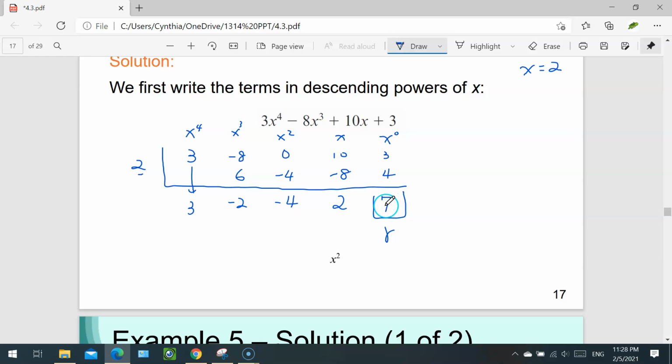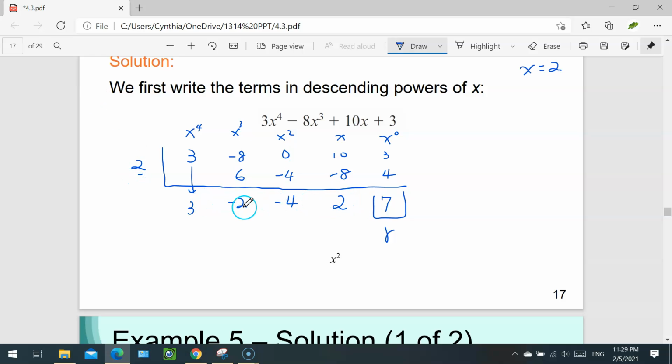That's what we want. That means this is a factor of the polynomial. If not, you will have the remainder. So the last term always carries the remainder. It could be 0 or non-zero, but both of them are correct. When you have 0, that means this is a factor. When this number is not 0, that means it's not a factor.